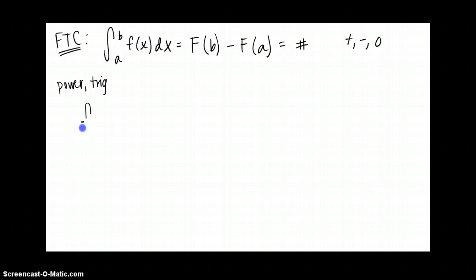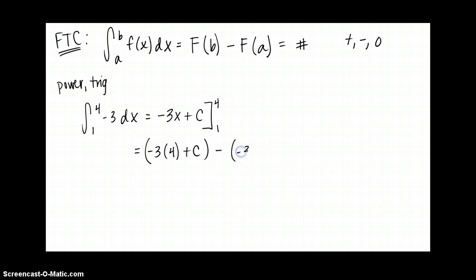Okay, so let's look at the one we just did. We already know what this answer should be. So according to the fundamental theorem of calculus, we find the antiderivative. So the antiderivative of negative 3 would be negative 3x plus c. And for notation, and we'll practice this, I plug in the upper bound, which is 4.